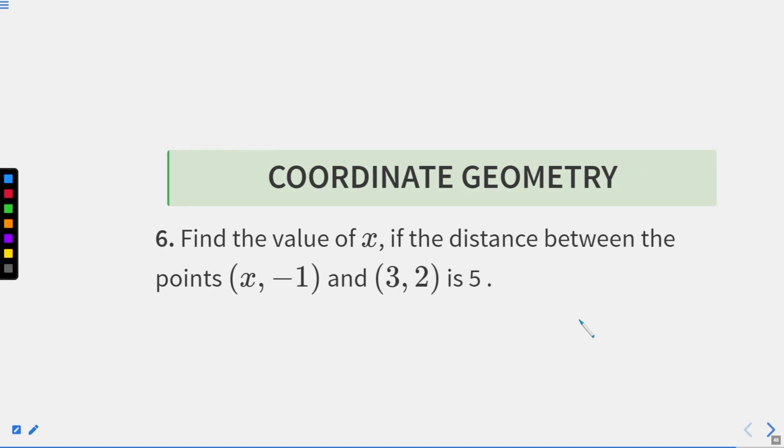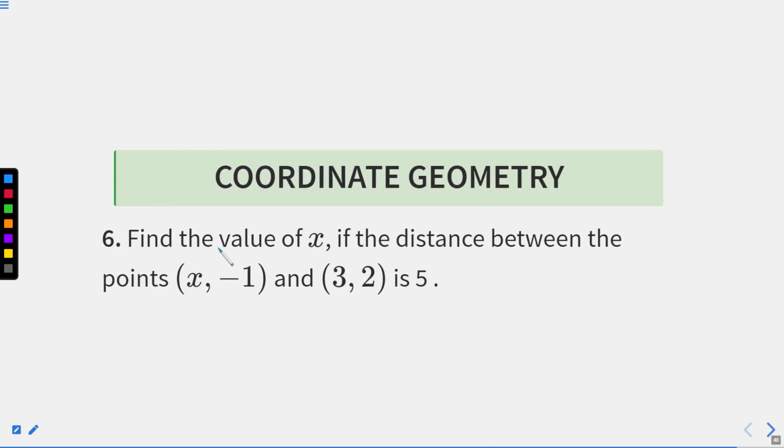Clear? Let's move on. Now find the value of x if the distance between the points is 5. We know the distance formula. From the distance formula, (x - 3) whole square plus (-1 - 2) whole square.